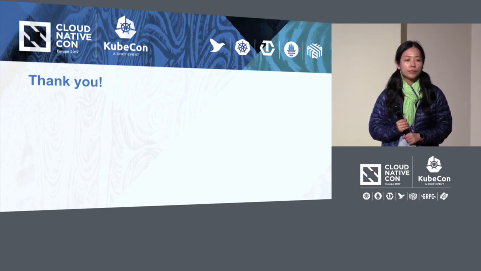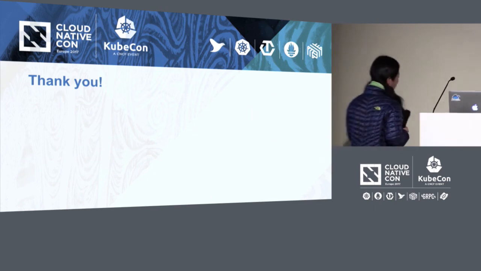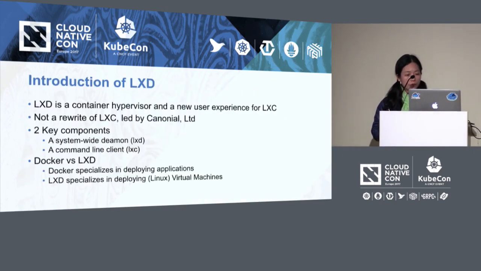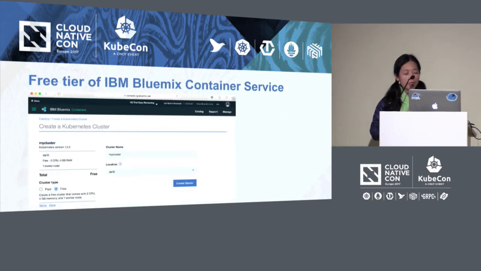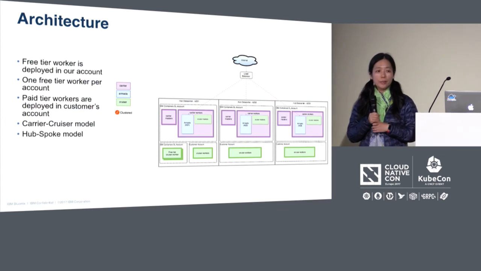What's the difference between the free tier and the paid architecture? I have some good examples for the free tier, but I was wondering about the paid. Yeah, so the question is, what is the architecture difference between the free tier and the paid tier?